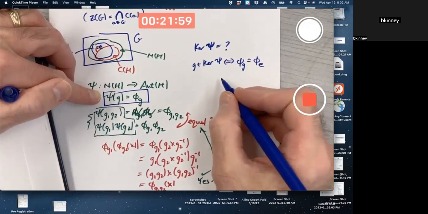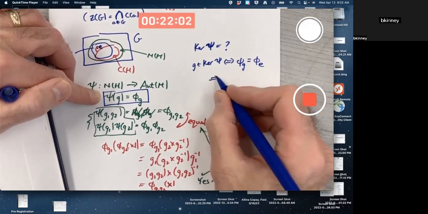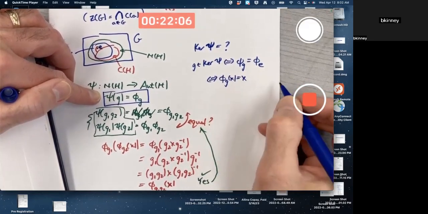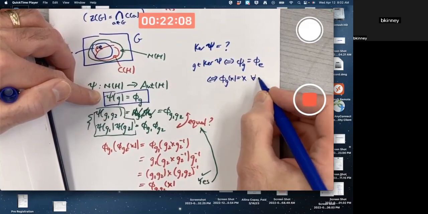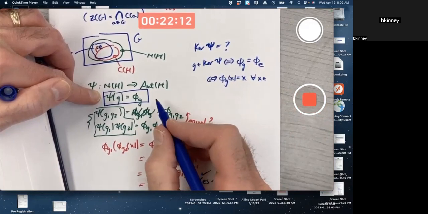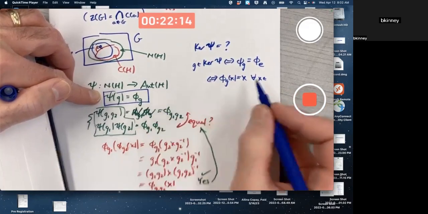Well, that's going to happen if and only if phi sub g of x equals x for all x in what? In H, because we're talking about H here.